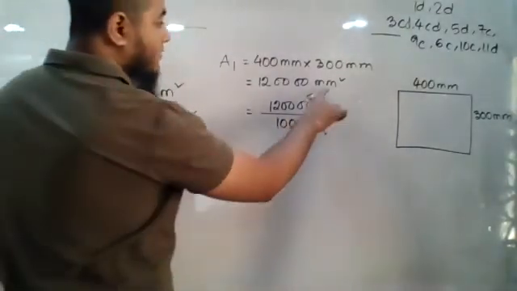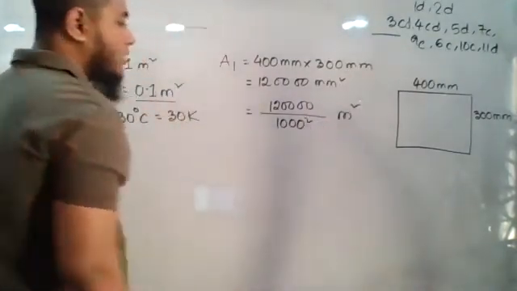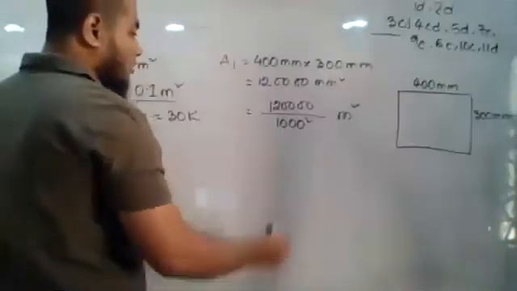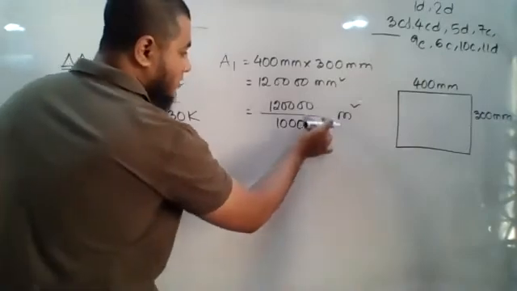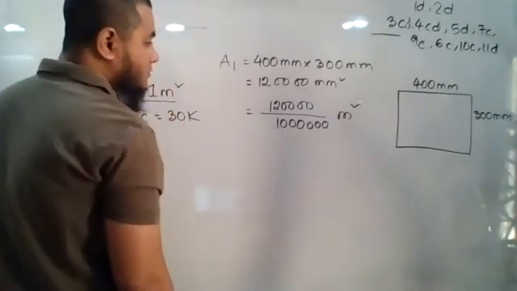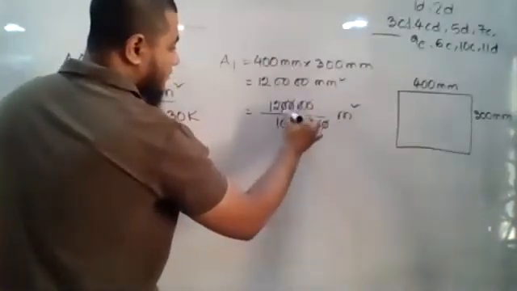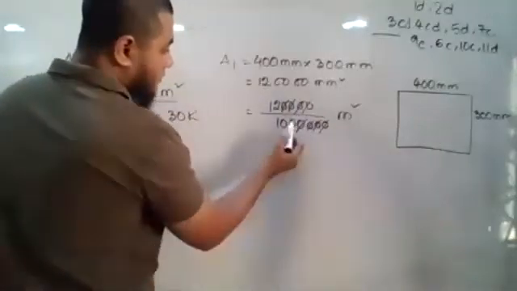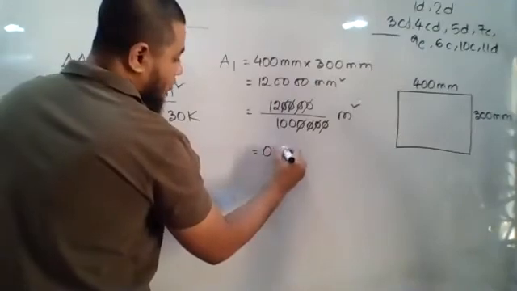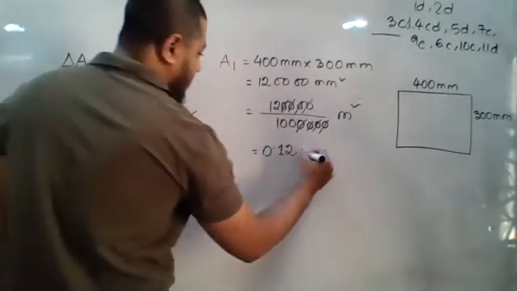But as I'm converting from millimeter square to meter square, I need to divide it by 1000 square. Remember this one. So 1000 square means 3 zeros are there, and 3 zeros will be added. So now let us check, 1, 2, 3, 1, 2, 3, 4. So 2 more zeros are left. So it will be 0.12 meter square.